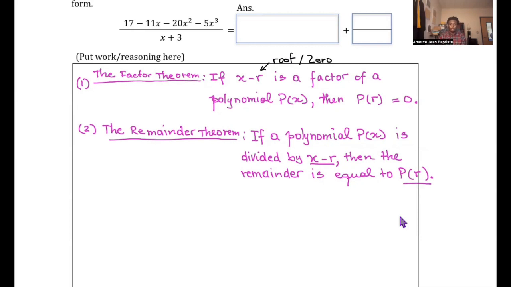So these are the two theorems that we will be practicing over in this section.